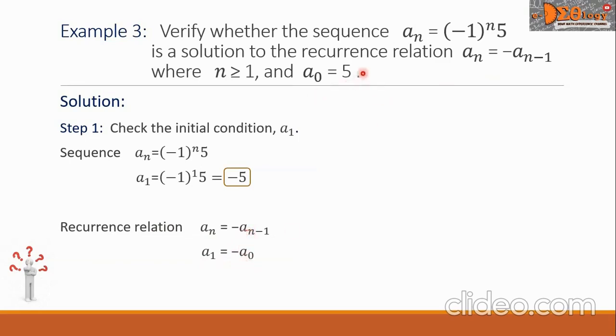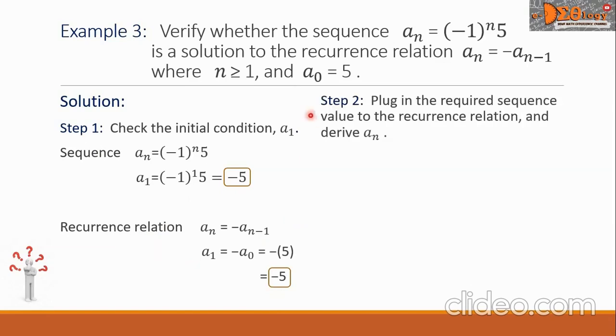In our problem here, given the value of a sub 0 equals 5, we substitute this 5 in our equation. So we have negative of the 5 and simplify this into negative 5. We can see now that the values of a sub 1 in the sequence and for the recurrence relation are equal.